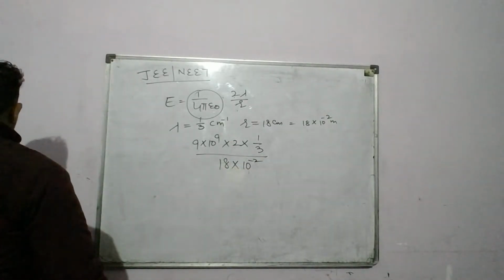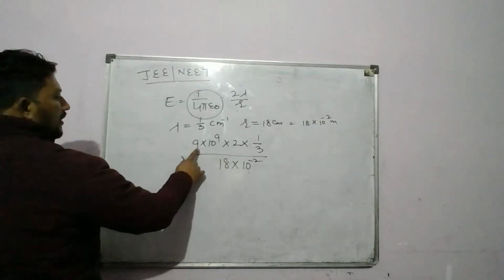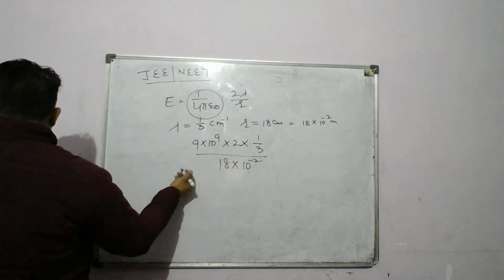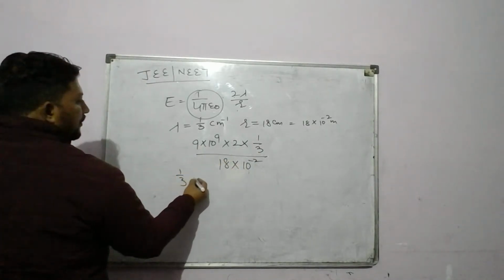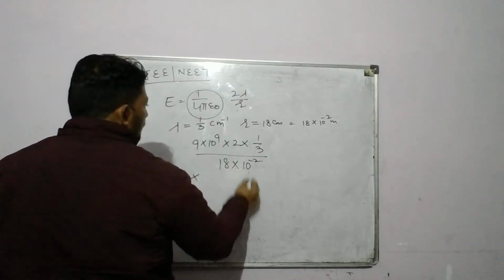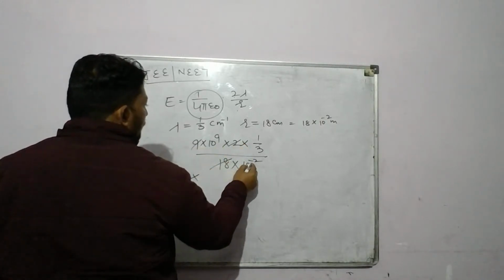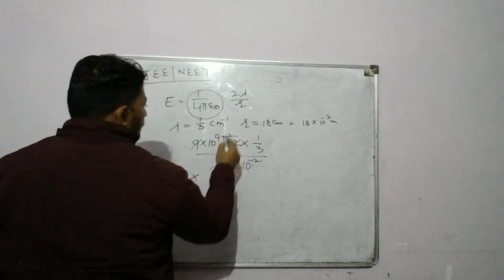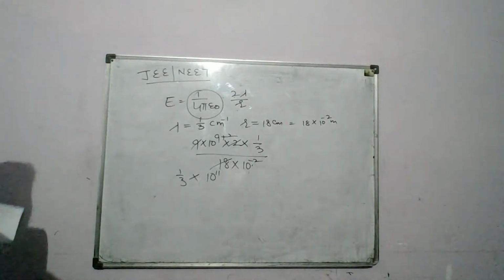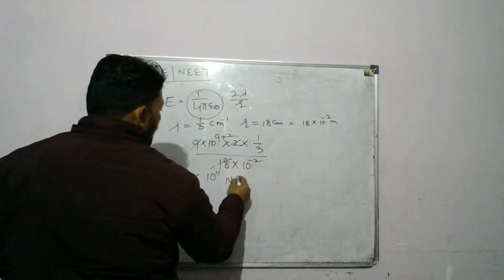So you can solve this. How will you solve? 9 into 2, 18, into 1 by 3, 18, 18 cancel, and 10 minus 2, it means plus 2, it means 10 raised to power 11. 1 by 3 into 10 raised to power 11 Newton per coulomb.